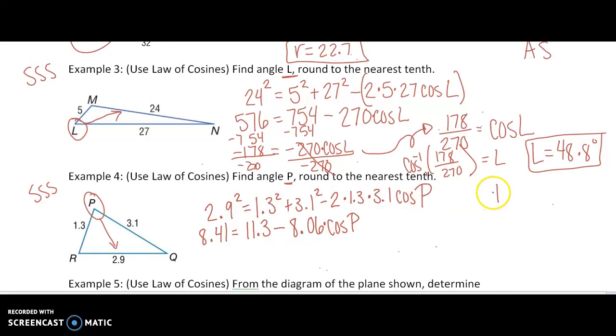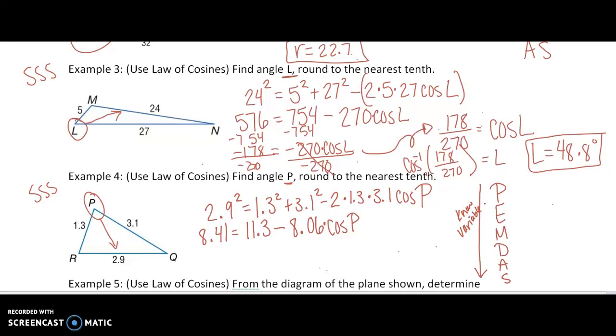But if you think of PEMDAS, if I knew what P was, you would take care of parentheses first, so you'd find the cosine of P, then worry about the exponent, so you'd take that 1.3 squared, the 3.1 squared, then worry about multiplication and division from left to right, then addition, subtraction. So when you are actually putting a value in for a variable and solving it, you would go P down to that S. This is when you know the variable.